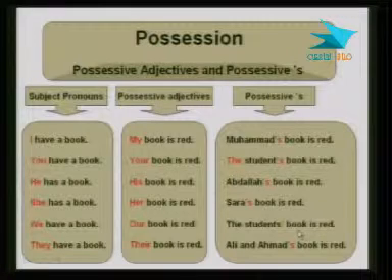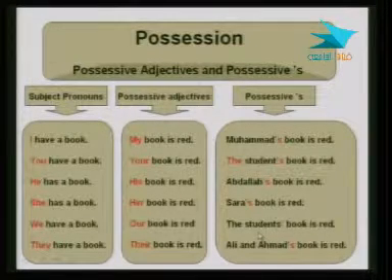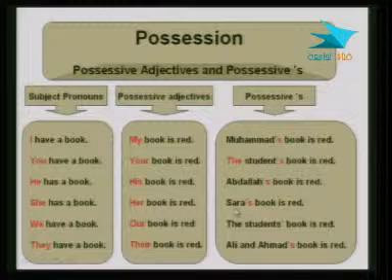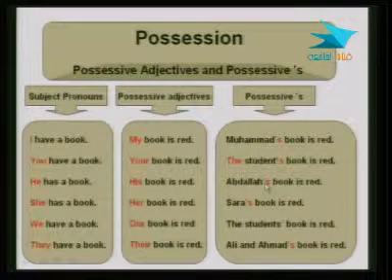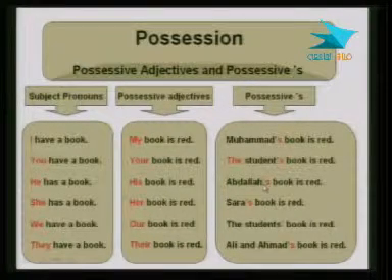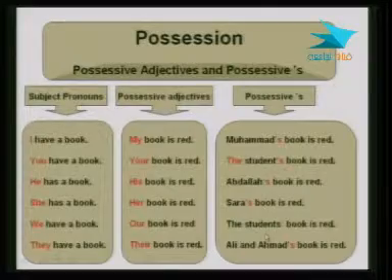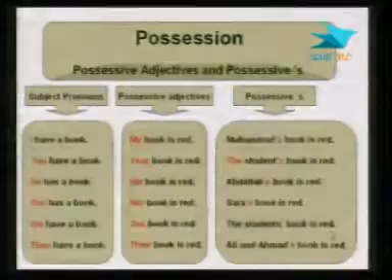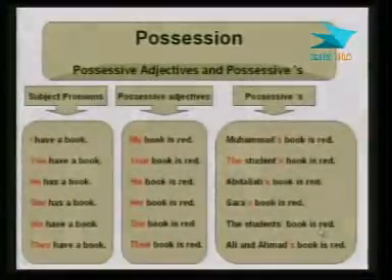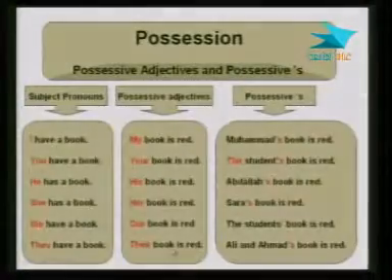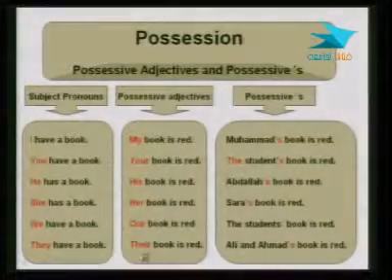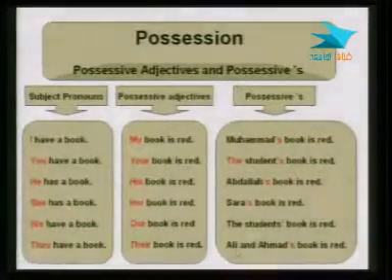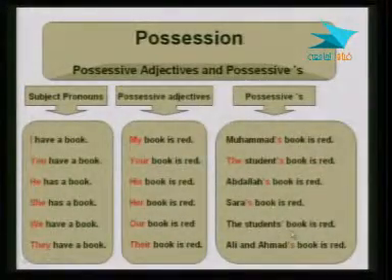The book belongs to the students, and the noun here is plural. This is different. When we have singular, we just add the apostrophe and S. When we have plurals, we add just the apostrophe and the thing that belongs to them, which is the book. So they have a book, their book is red, and the students' book is red.